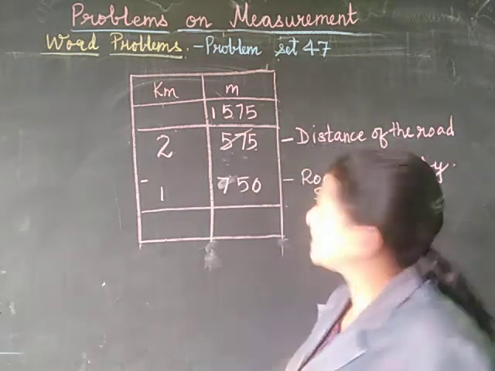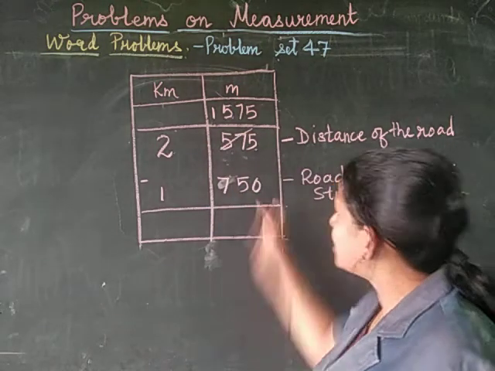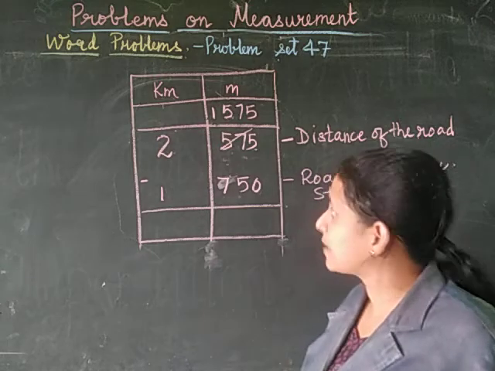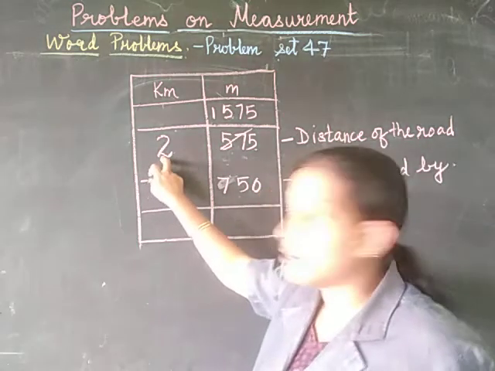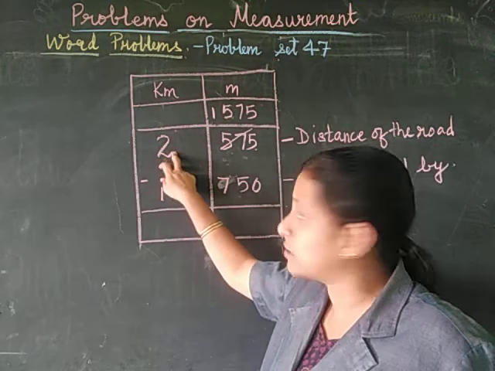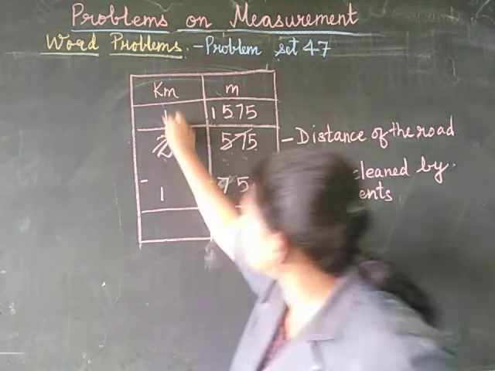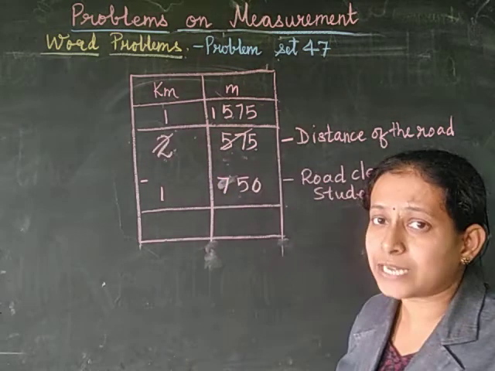So we cancel this. Now we have to subtract 750 from 1575. Since we have borrowed 1 kilometer from 2, 2 minus 1 becomes 1. What remains here is only 1.